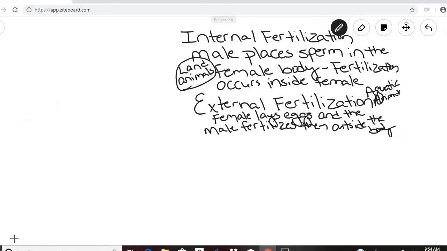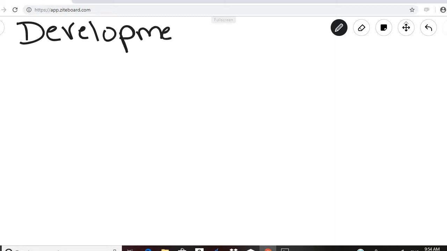Then we need to look at development. How does development of the offspring occur? With regard to development in those animals that are part of phylum Chordata, we have three types of development.